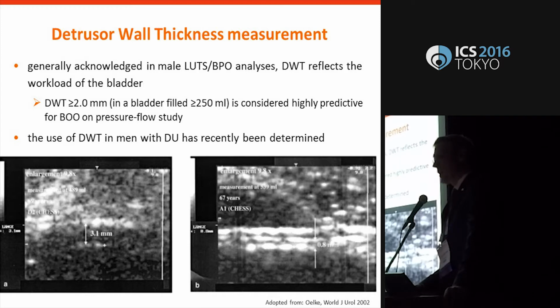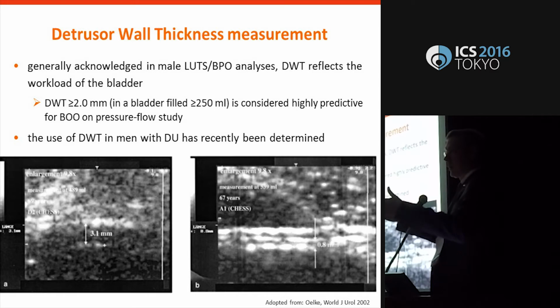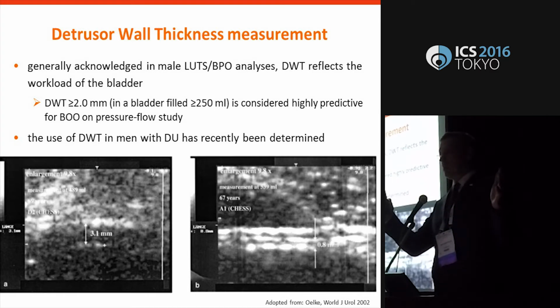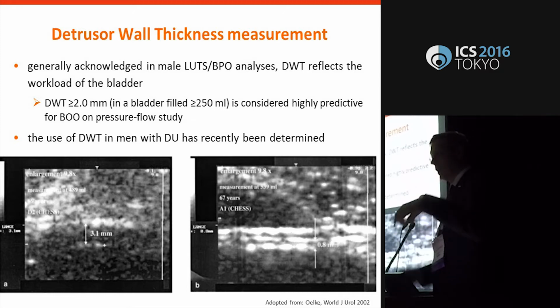This is a measurement tool which we have developed in the past to diagnose bladder outlet obstruction, because if there is obstruction, there's a compensation mechanism on the level of the detrusor, that the detrusor becomes stronger and also thicker.